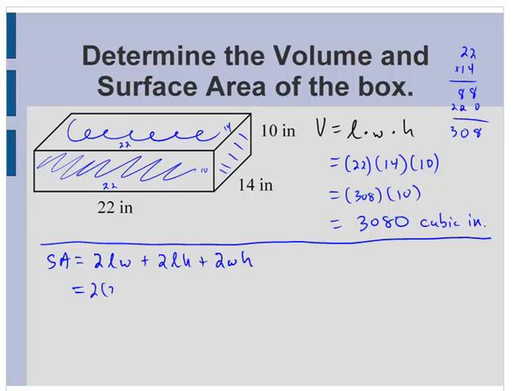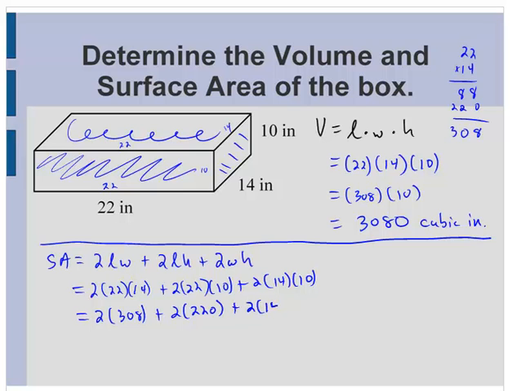So we would have 2 by 22 by 14 plus 2 by 22 by 10 plus 2 by 14 by 10. So that's 2 by 308 plus 2 by 220 plus 2 by 140.